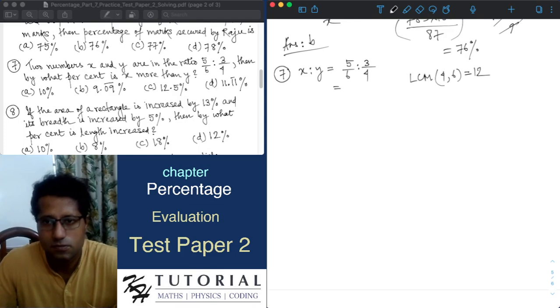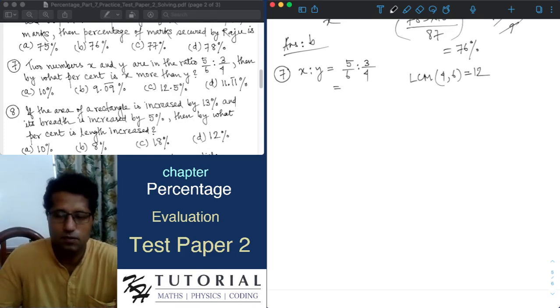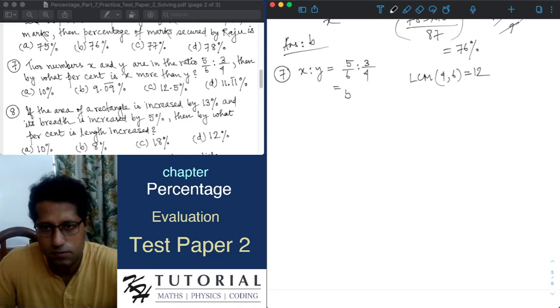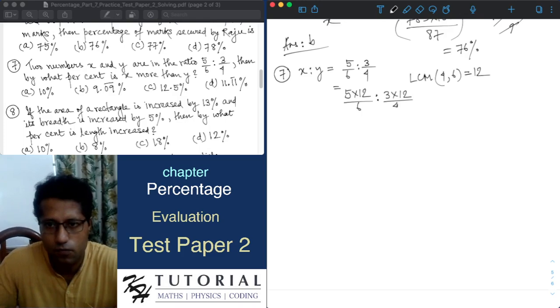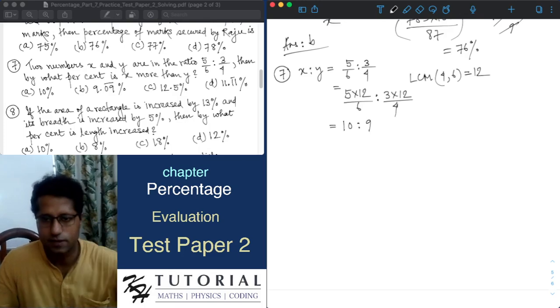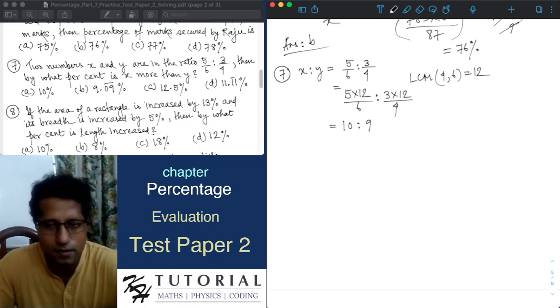So we can convert this ratio into an equivalent ratio by multiplying both its terms by 12. So this becomes 5 into 12 by 6 is to 3 into 12 by 4. This equals 10 is to 9. So X is to Y is given to be 10 is to 9.